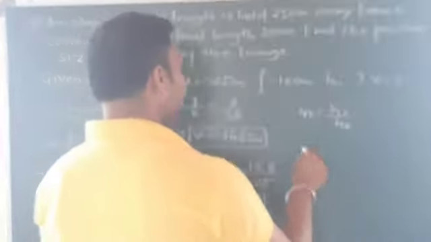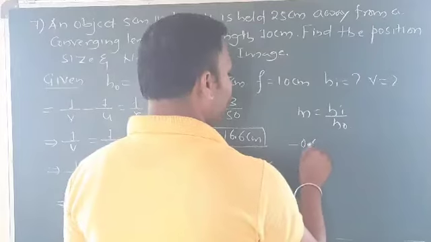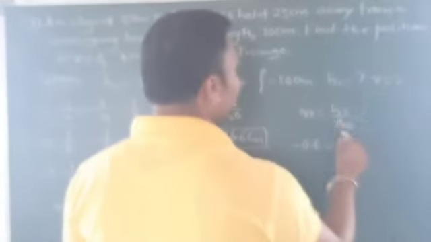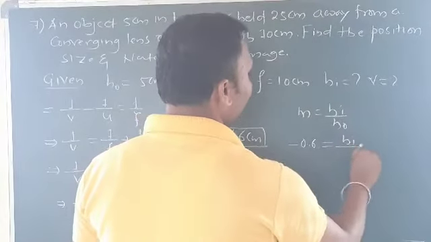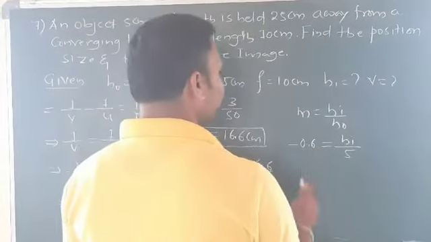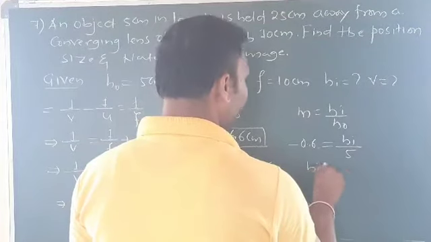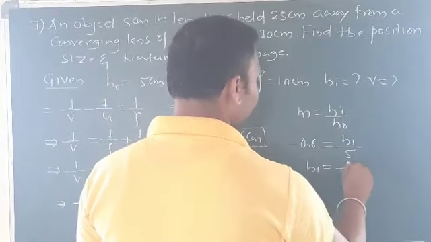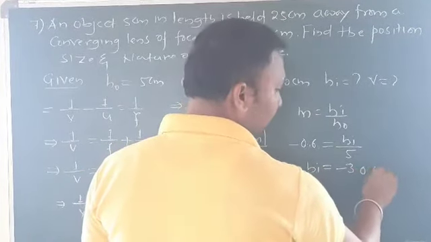Okay, now m is how much we have, minus 0.6, and hi we need to calculate, and ho is already given, 5. So hi is equal to minus 3.0 centimeter.